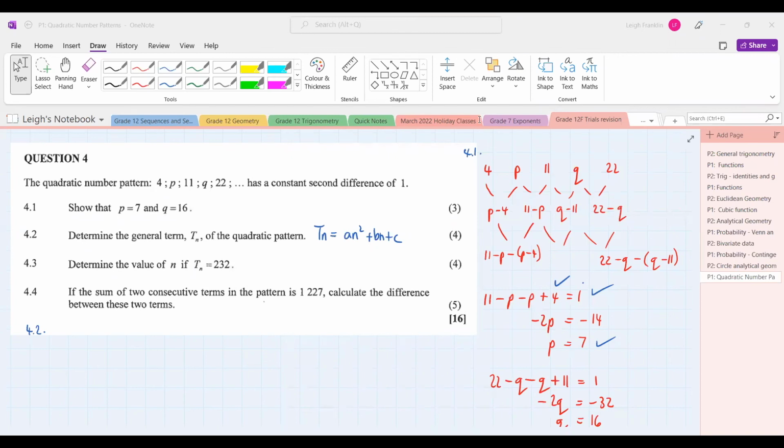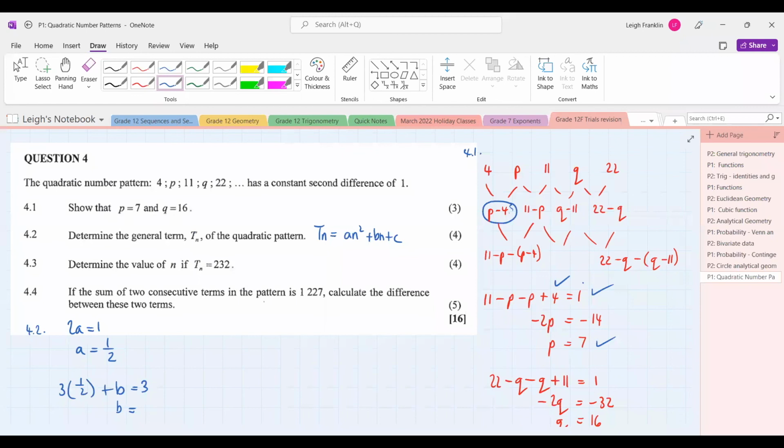All right, so very quickly, this is what you did. Let's just fly through it. We know that the constant second difference is 1. So we would have said 2a equals 1. So a equals 1 over 2. And then 3a plus b is equal to the first term. In this case, I said 3, so that would be equal to 3 over here.